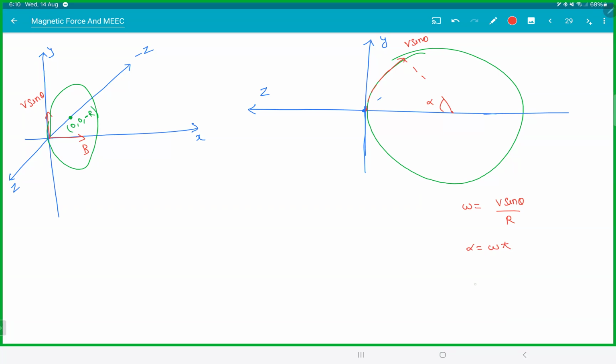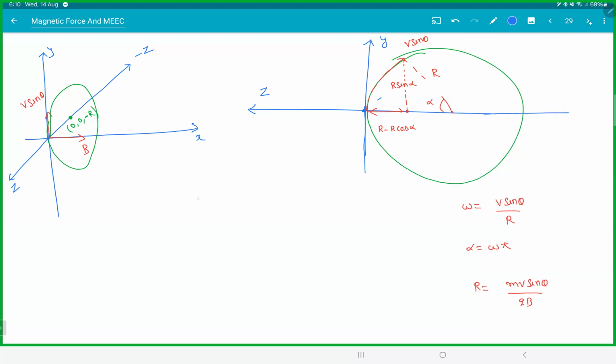So alpha is nothing but omega t. And radius r is nothing but m v sine theta by qB. From here, if I drop a perpendicular, this gives the z coordinate, which is r cos alpha. So the balance would be r minus r cos alpha. The vertical coordinate would be r sine alpha.